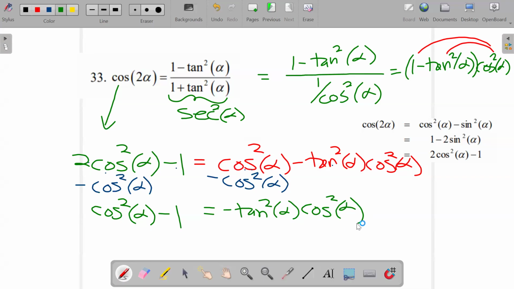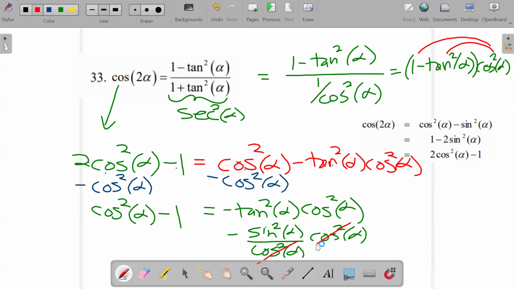Maybe it's time to think about tangent as sine over cosine. Oh, that actually is not a bad idea, right? If I rewrite tangent as sine over cosine, I think I'll get some cancellation. So negative sine squared of alpha over cosine squared of alpha times cosine squared of alpha means I get to whack some stuff, right?